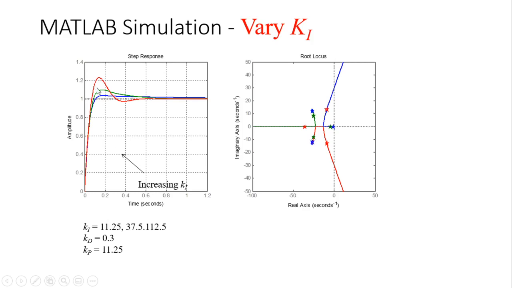When you increase Ki, you're increasing the overshoot, meaning your zeta is decreasing. You're becoming more and more of an underdamped system. Now when you look at the root locus, it moves from blue, these three roots.